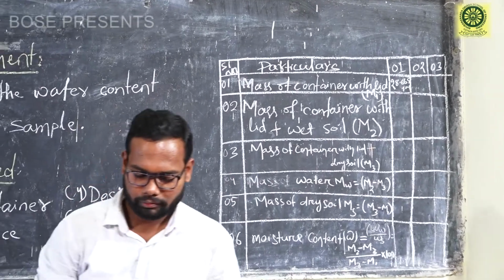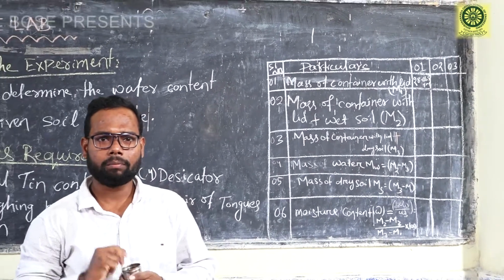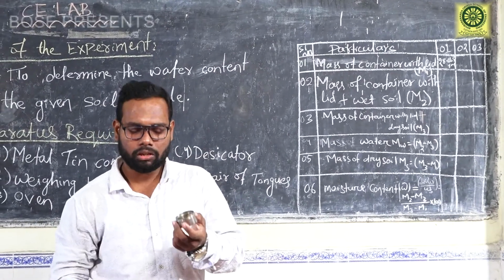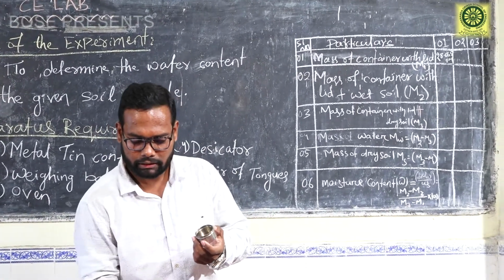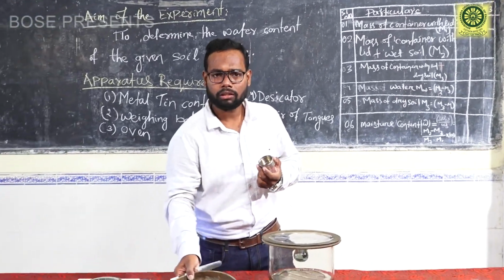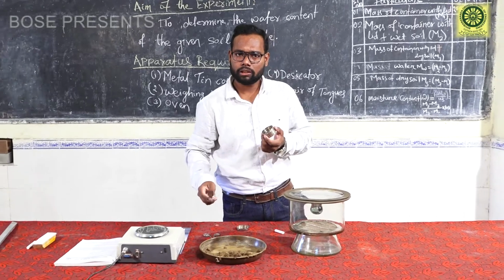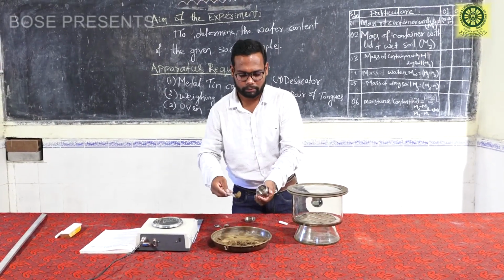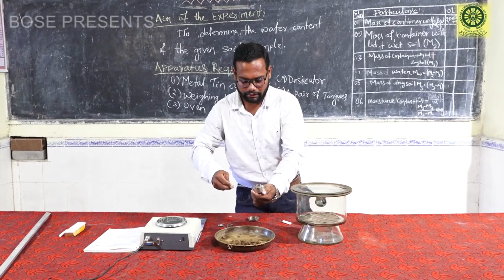Next we will take some amount of soil specimen. These are the materials required. This is the soil specimen of which we will conduct the determination of water content. So we will take some amount of soil specimen in this container.